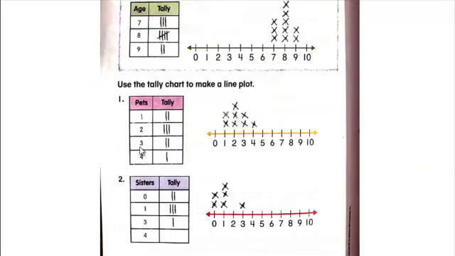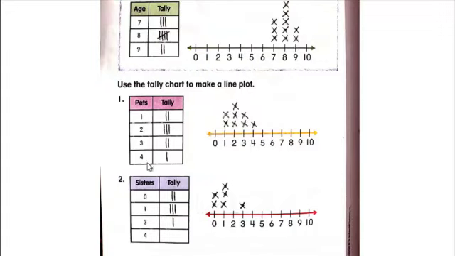Here, at pet number 3, there are 1, 2 tally marks. So, here in front of 3, draw 2 plots, to represent 2 tally marks. Okay?